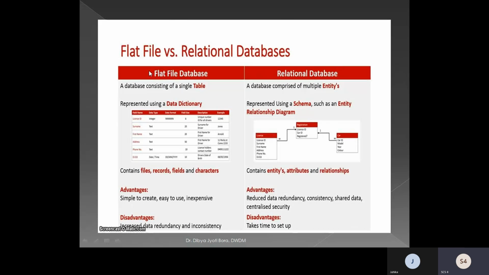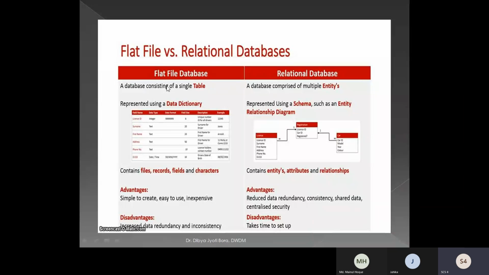Okay. So here you can see, on this side is the flat file database and on this side is the relational database. So a flat file database is a database consisting of a single table, okay? In a flat file database you will have only one table, okay? But in a relational database you can create as many tables as you want, right? You have already created a lot of tables while doing your DBMS practicals using Oracle. So that is the first difference.